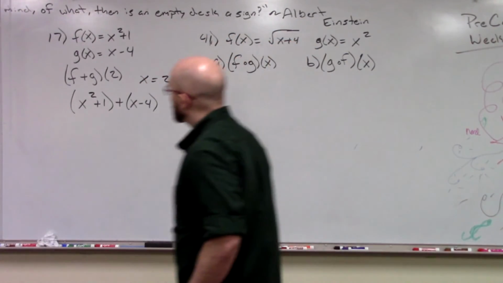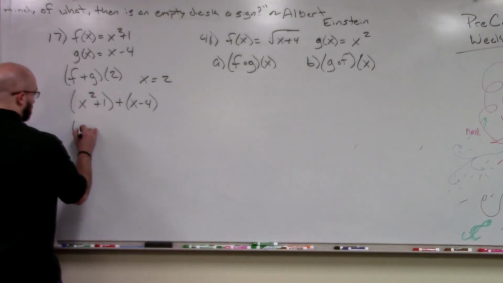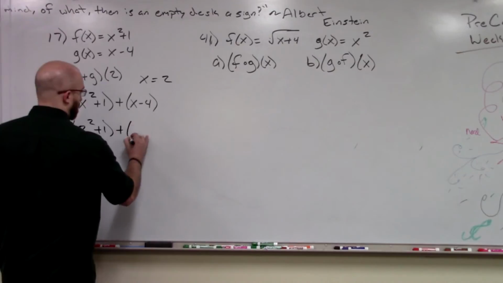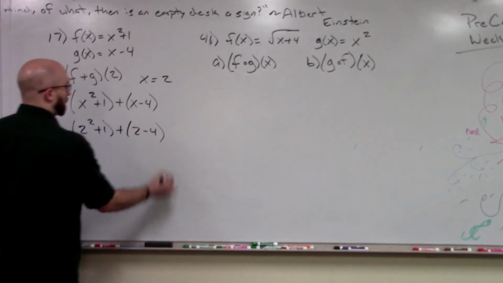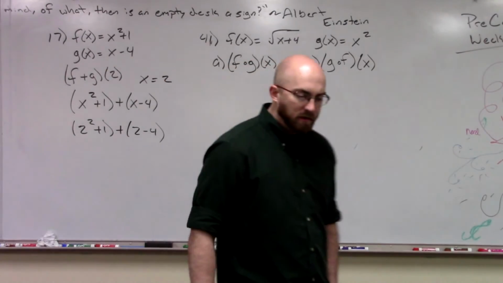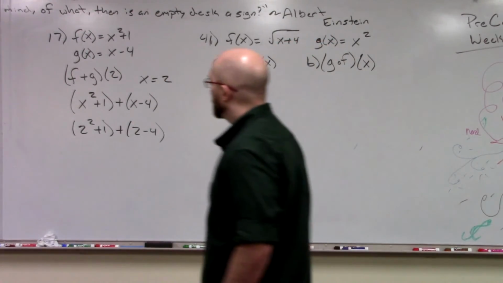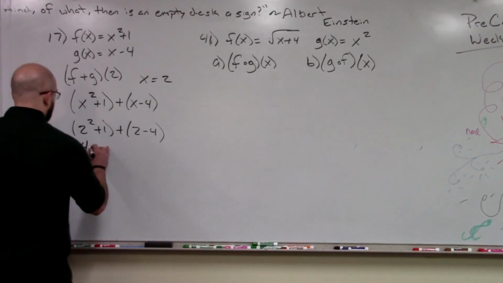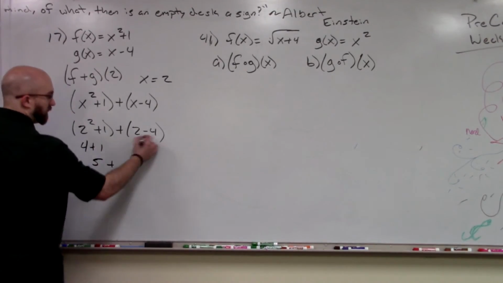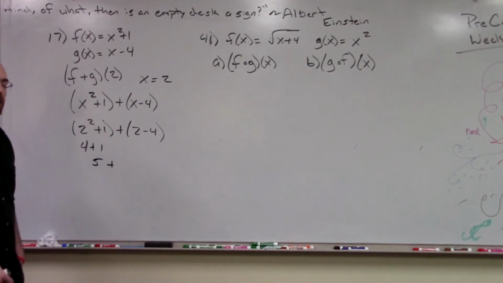So if we plug 2 in, we're going to get 2 squared plus 1 plus 2 minus 4. So now we just do some math, and we should get 4 plus 1, which is 5, plus 2 minus 4, negative 2.